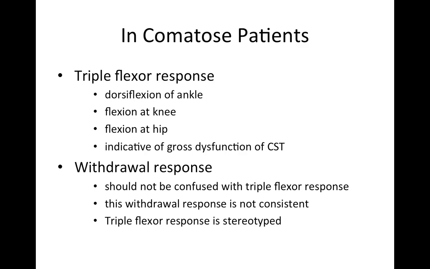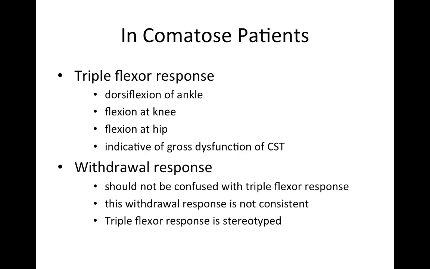This can be confused with withdrawal response. Withdrawal response is also violent withdrawal of the limb when you are giving a stimulus to the sole of the foot. Withdrawal response is not consistent.